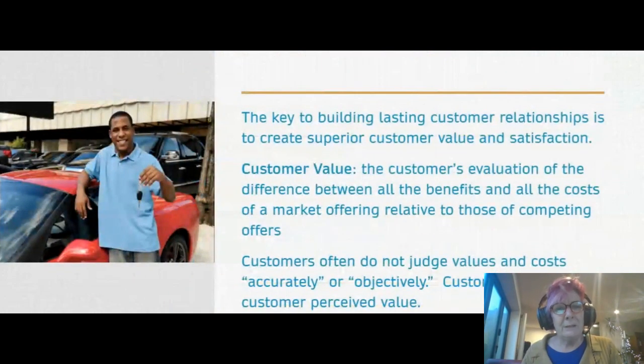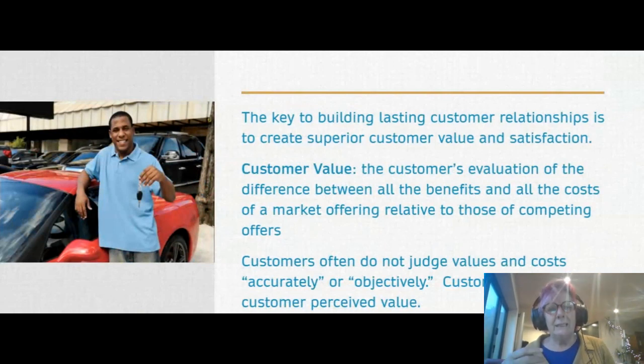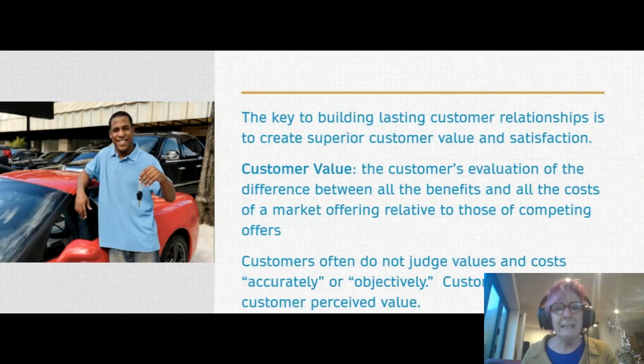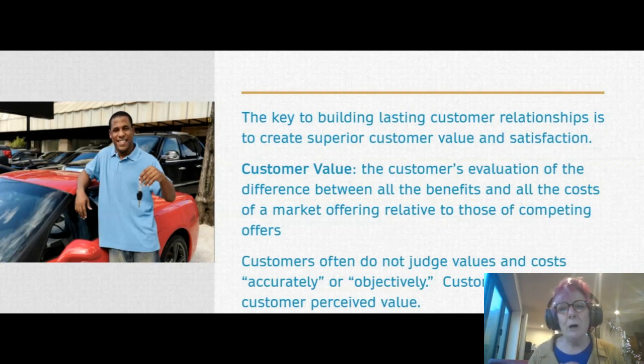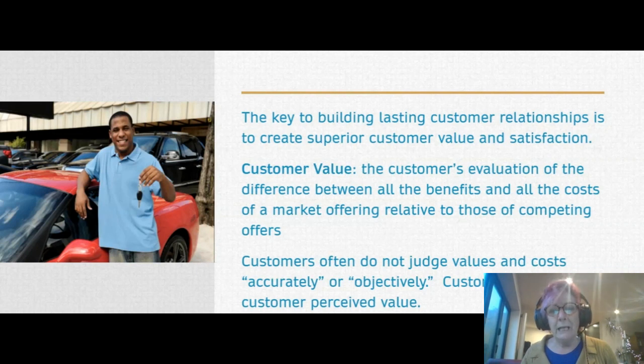So we've got our marketing mix, we've just made decisions about our product, and now we need to think about building lasting customer relationships. And this is about really making sure that we're satisfying customers and that the customer believes that the benefits that they're buying are worth the money that they're spending, but also that the benefits they get from our product are going to be superior to the benefits they might get from a competitor's product.